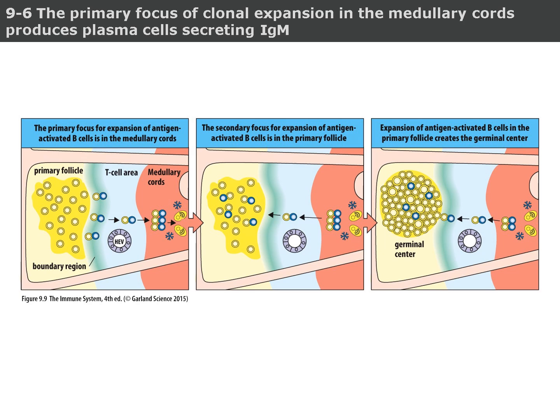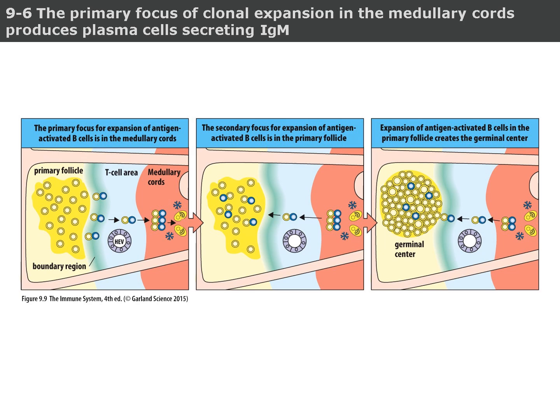Meanwhile, other activated B cells migrate back into the primary follicle, forming the secondary focus of expansion. These cells continue dividing and interacting with follicular dendritic cells. In the third panel, this expansion in the follicle gives rise to a germinal center, where B cells undergo somatic hypermutation and affinity maturation.